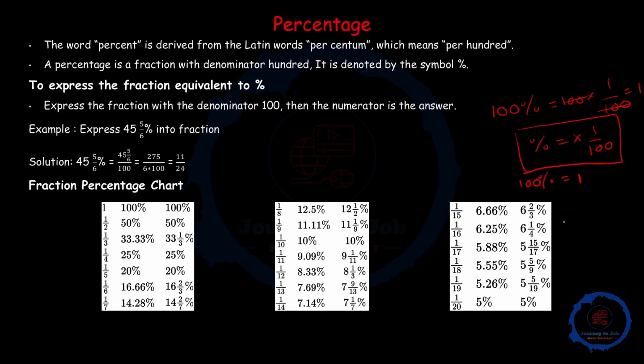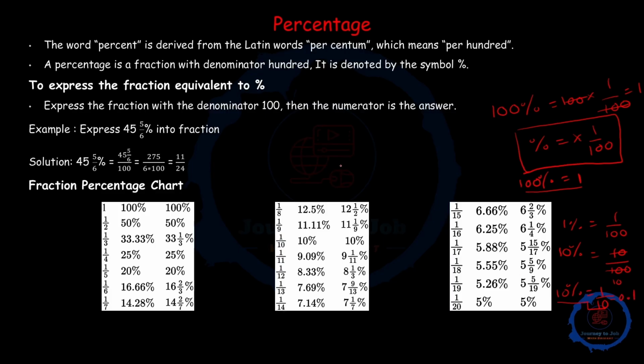And suppose we want 10%. 1 percentage is equal to 1 by 100. And 10 percentage is equal to 10 by 100, means 10 ones are 10, 10 tens are 100. So 10 percentage is equal to 1 by 10. So we know 100 percentage is 1, then 10 percentage is 1 by 10, or 0.1.